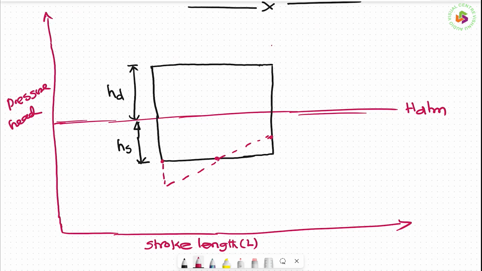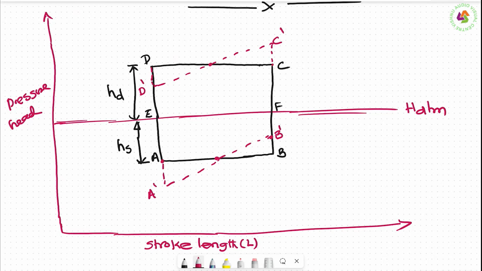This is how the acceleration pressure head modifies the indicator diagram. If I call the initial thing as A, B, C, D, of course, E, F, general. Then what I am doing, this is A dash, B dash, C dash, D dash.